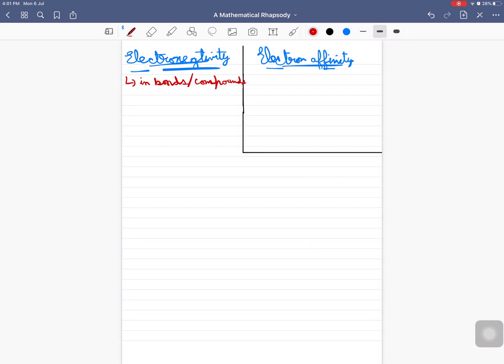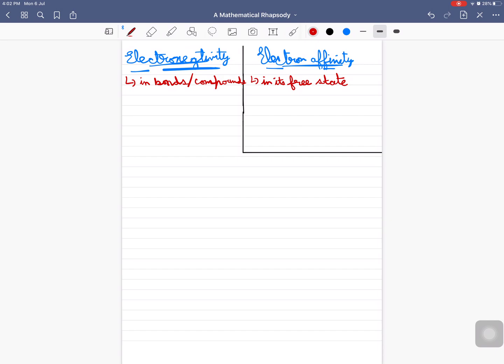But in the case of electron affinity, it's different. We can state this property only when the atom is in its free state. Okay. So actually, electron affinity is not exactly a property.